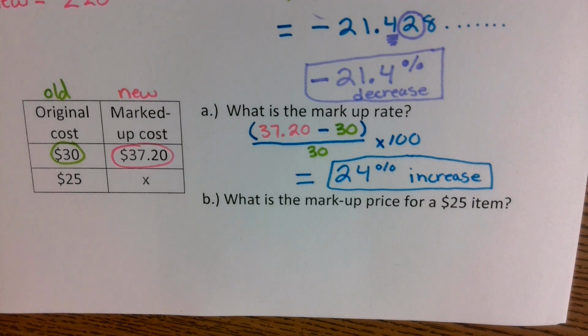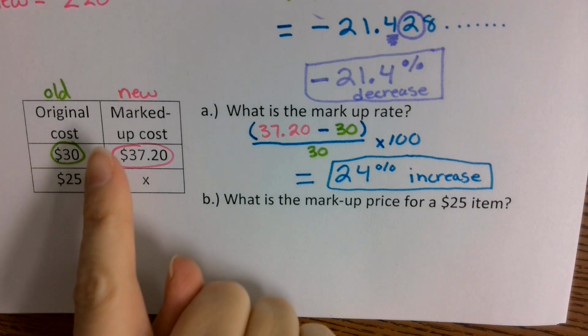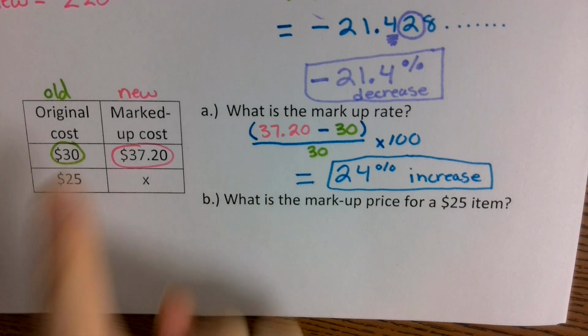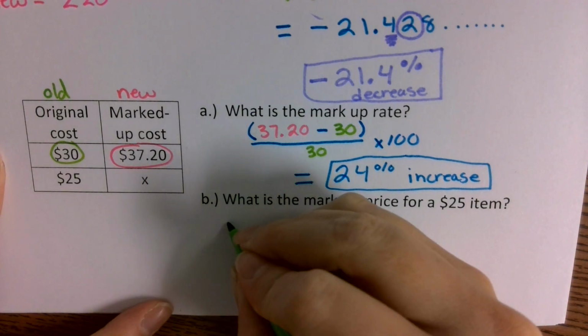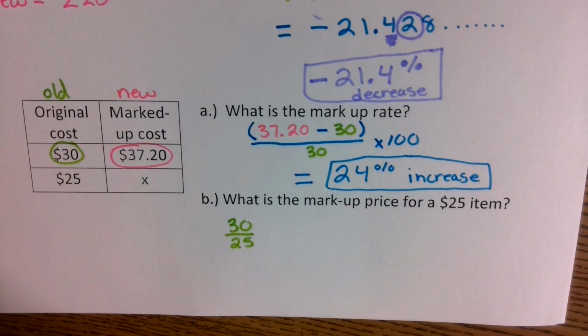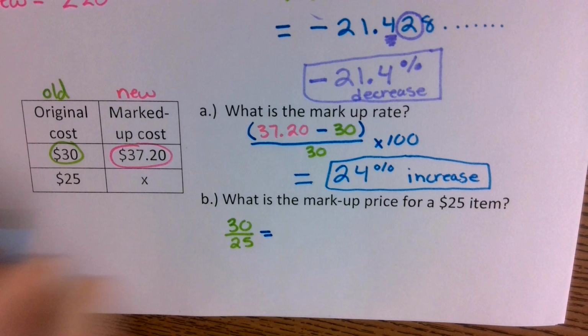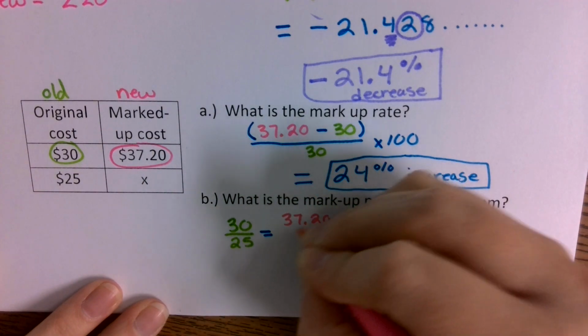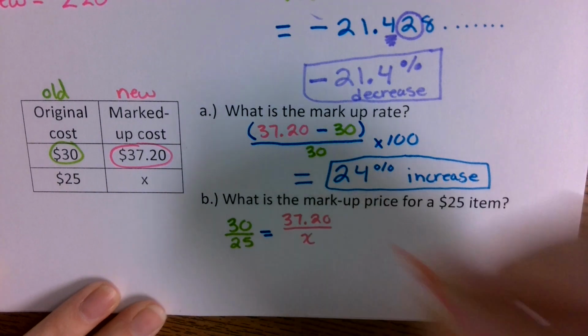So with a proportion, what we're going to do is we're going to set these up as fractions set equal to each other. So I'm going to set this up as 30 over 25. And I'm going to put it equal to 37.20 over x.